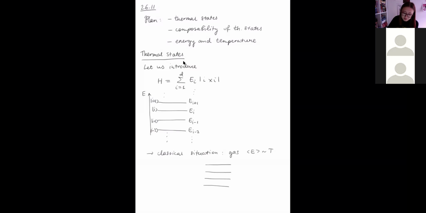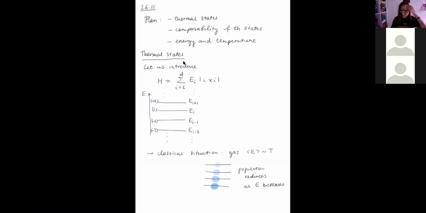The characteristic way this distribution behaves is that the population, which is essentially the number of particles that end up at a particular energy level, decreases as the energy of the level goes up, so as E increases.